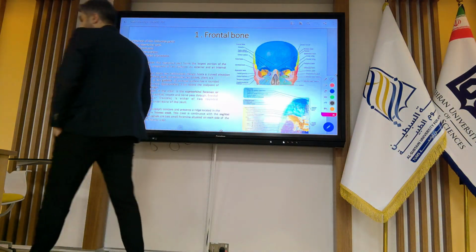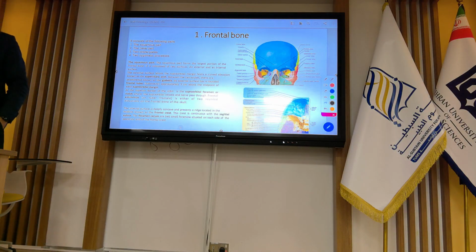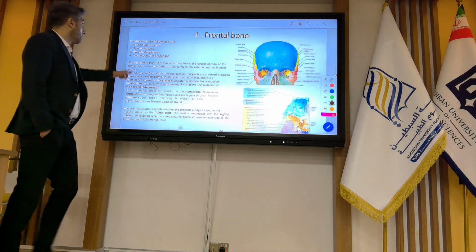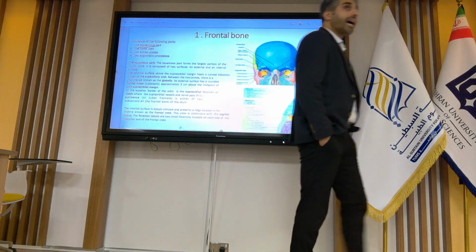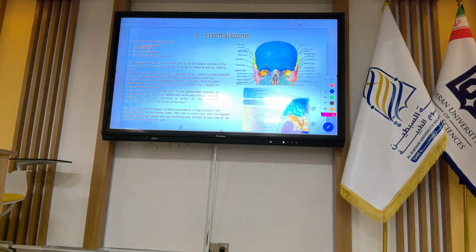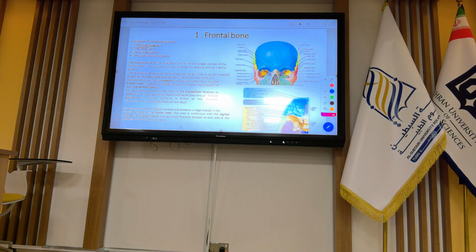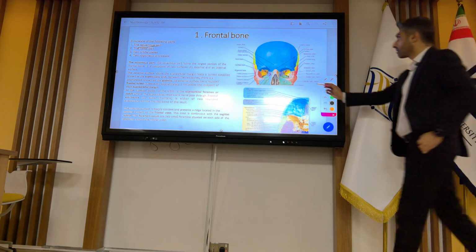The frontal bone has 4 parts. A squamous part. I told you different bones have a squamous part. Squamous means thin and flat. This part of the frontal bone is the squamous part.